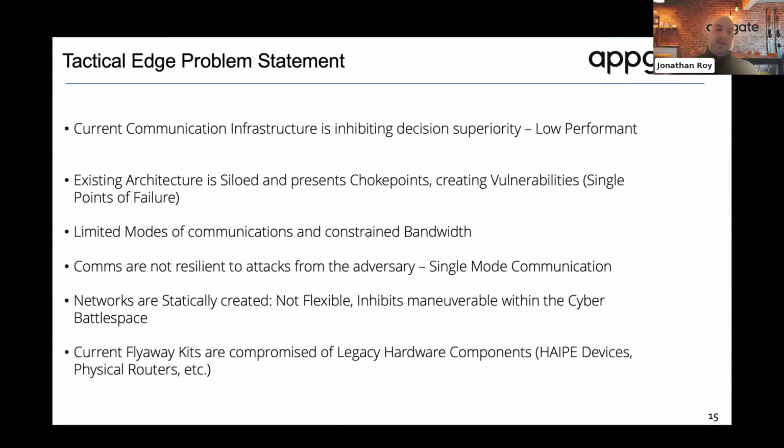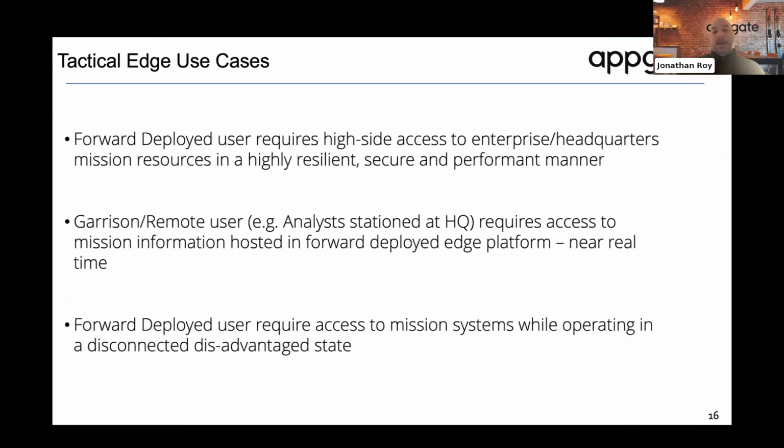And then get rid of the legacy way that tactical comms are deployed today, which is in flyaway kits that may have physical routers, physical switches, physical HAIPE devices. Can I do all of these things in a software defined approach, right? We're all into software defined enterprise, but can I take that software defined approach and deliver it to the tactical edge?